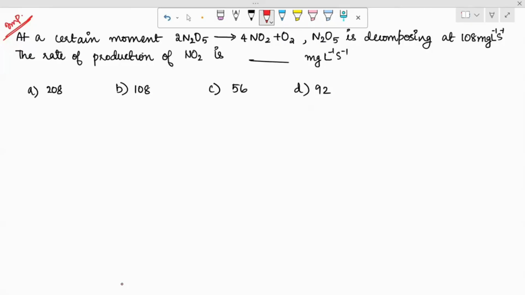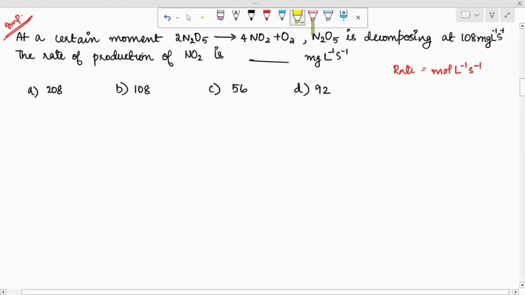So what you have to be careful of is, generally, when they give the rate of the reaction, rate of formation, rate of decomposition, etc., the unit of rate is moles per liter per second. Moles per liter per second. But in the question, it is given in mass per liter per second. So a unit conversion is involved over here with which you should be careful.